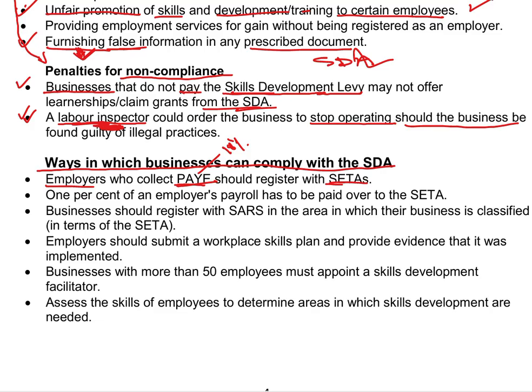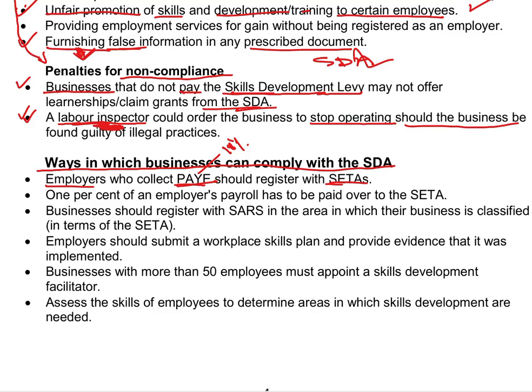Remember, we agreed that SETA is the Sector Education and Training Authorities, and let's think of them like skill builders for different sectors. Maybe you might say in IT, healthcare, accounting, businesses.